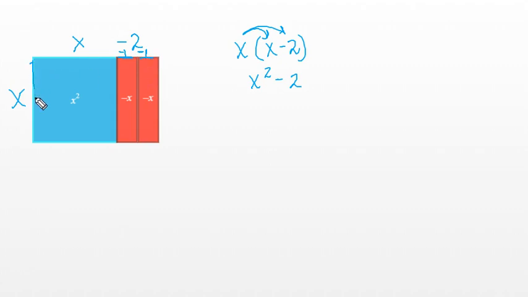We know that if this side length is x, this side length is also x, and so the area of each of these rectangles would be -1 times x, which gives me the area of negative x. So my area, I've got an x squared, and then I've got 1, 2 negative x's.